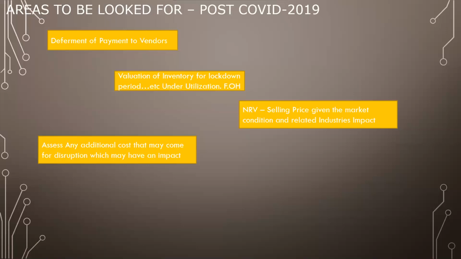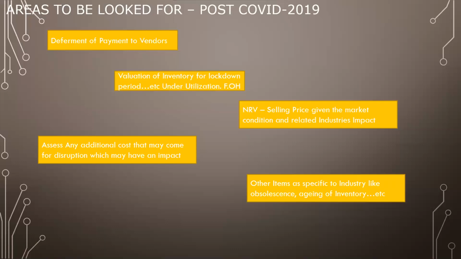We also need to assess if there is any additional cost that may come because of the disruption, which may have an impact. And finally, if there are other items specific to an industry, there may be cases like obsolescence, or aging of inventory which we are not going to sell in the near future, which may tantamount to obsolescence.